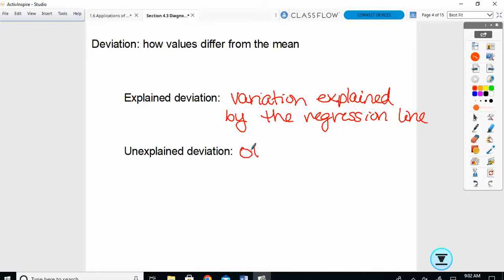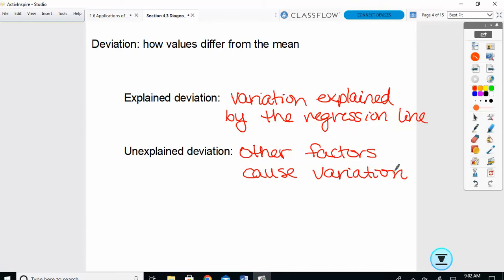And unexplained is when there are other factors, like I was already saying. So it might be that a linear model is just not appropriate for that data.